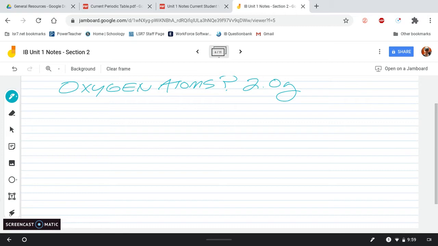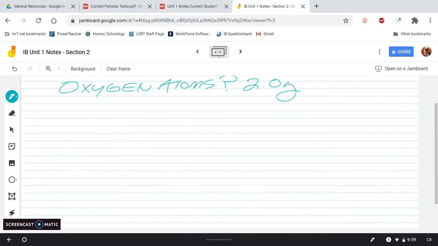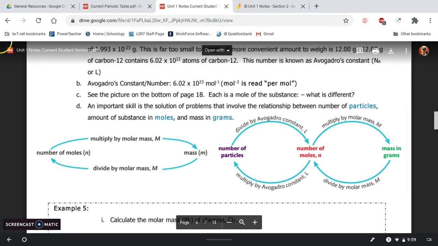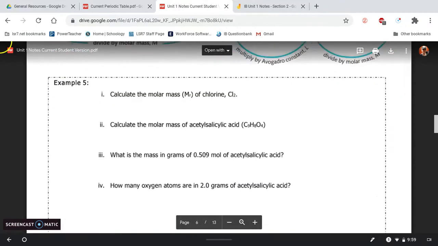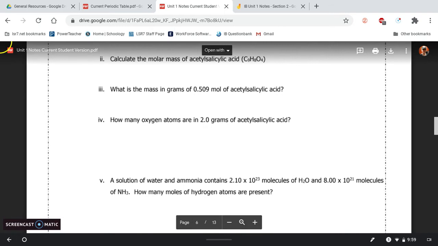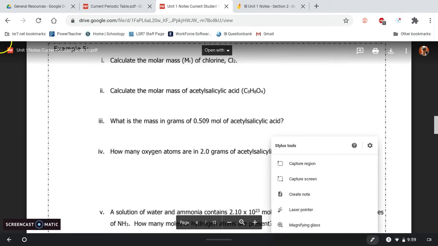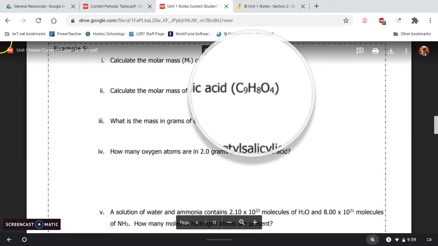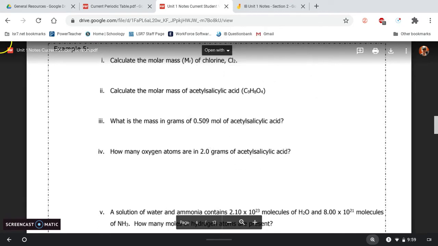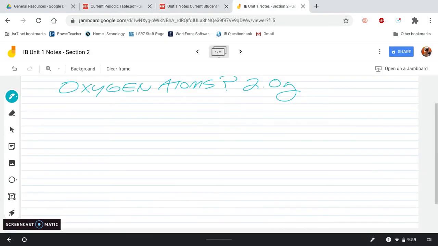Okay, and so when you're looking at this question, I'm going to use the notes here. That's a difficulty because if you look at the formula, which I'll blow up right here, that's not all oxygen. Just some of it's oxygen. Okay, so C9H8O4, not all oxygen.